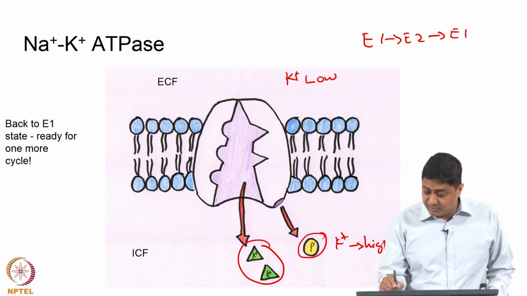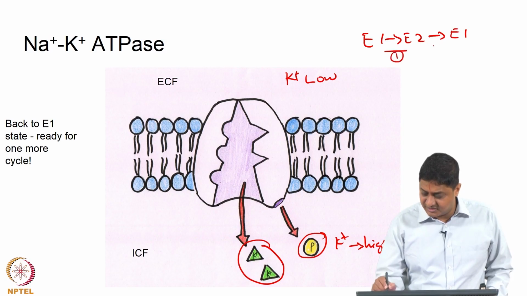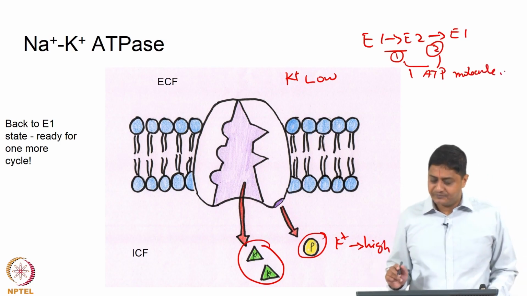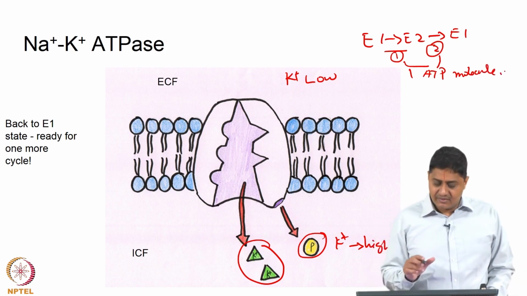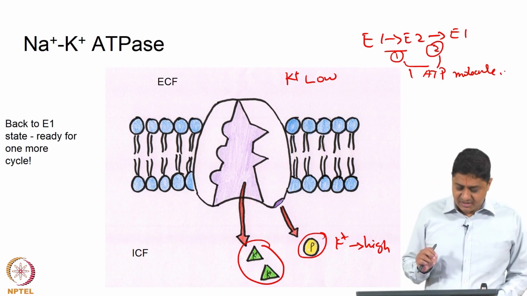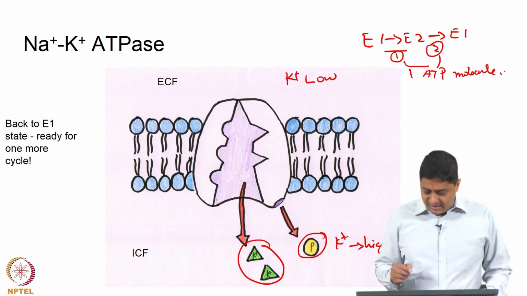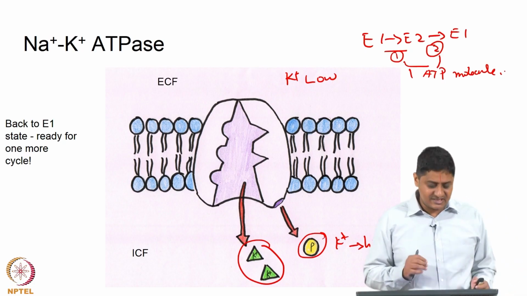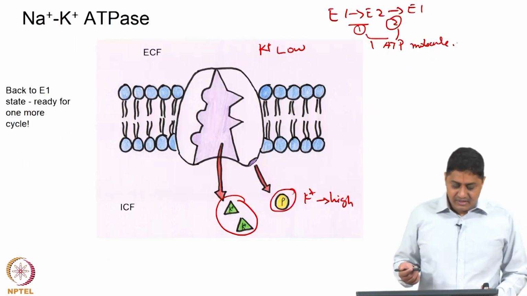The cost for both these conformational changes, the first change and the second change, is 1 ATP molecule. At the expense of 1 ATP molecule, this enzyme undergoes 2 conformational changes, thus transporting sodium and potassium against their concentration gradient, right.